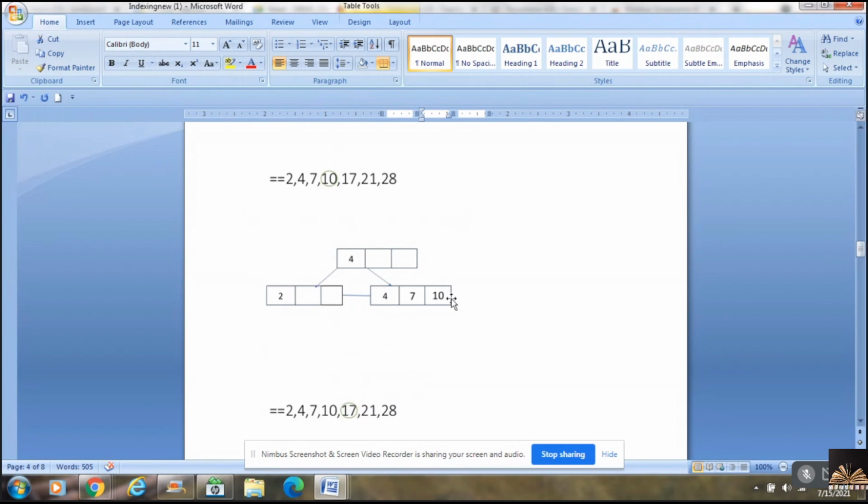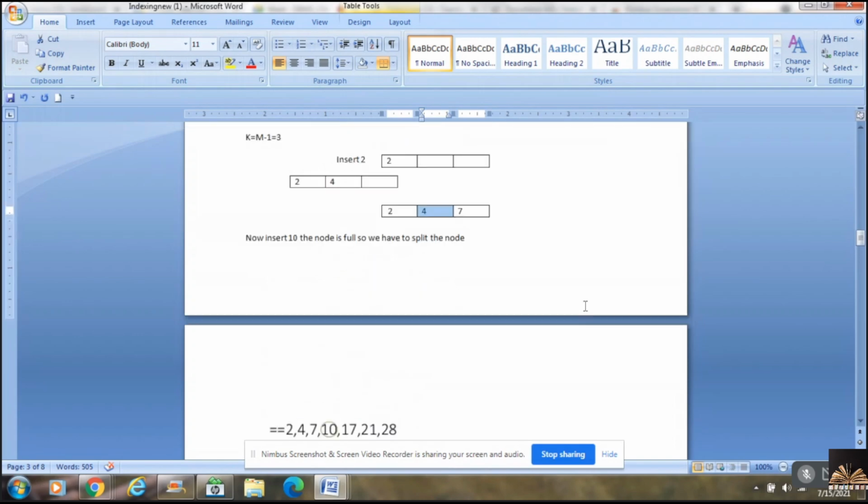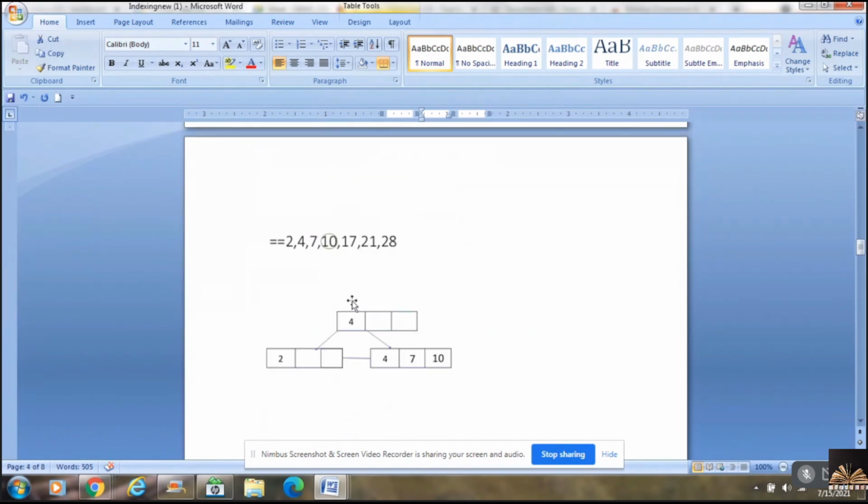I'll tell you how it goes, don't worry as of now. Now see here, this was the previous case. 4 has to be shifted towards the top. So 4 is shifted. The node structure would be the same, divided into 3 parts. 4 has been shifted.